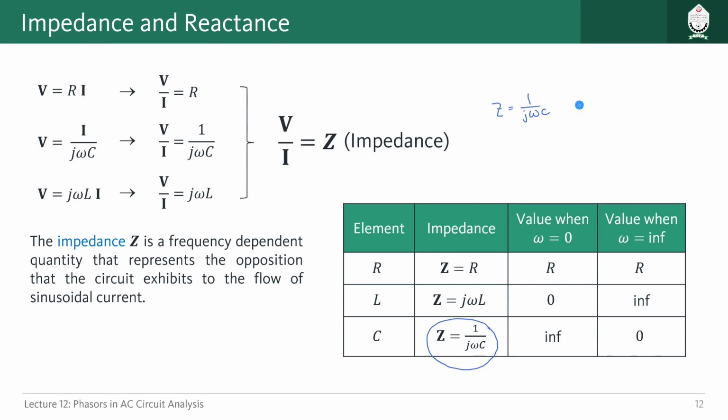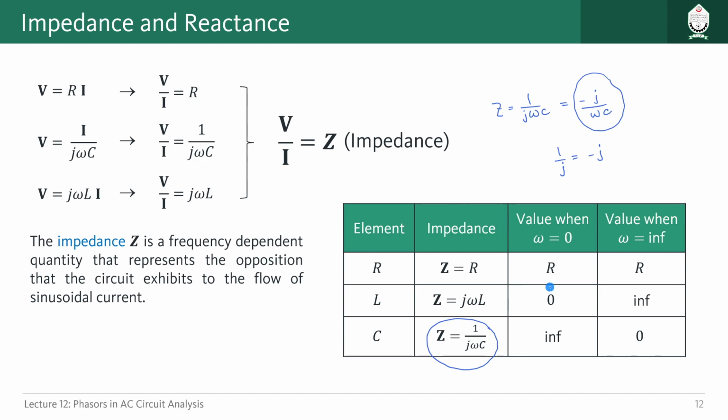This can also be represented as minus j divided by omega c, because earlier we had learned that 1 by j can be written as minus j. So impedance can also have negative values.